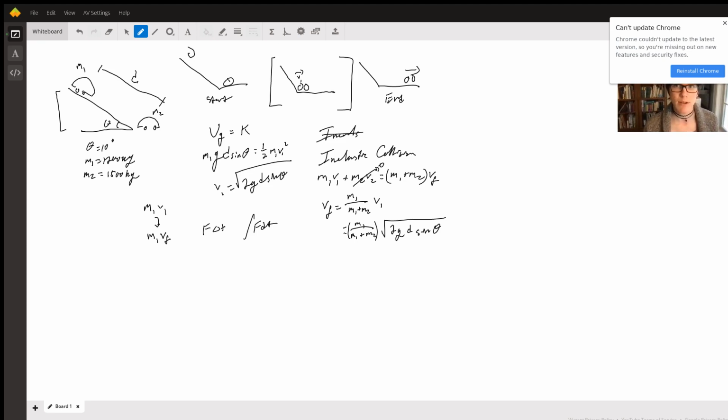Probably if your teacher's asking about closed and open systems, what they're looking for is some discussion on, okay, what if I just look at M1 alone, and then the force of gravity is doing work, imparting speed, imparting momentum. And then the collision with M2, the force of M2 on M1 is doing work. But if you plug your numbers in here, you should get the answer.